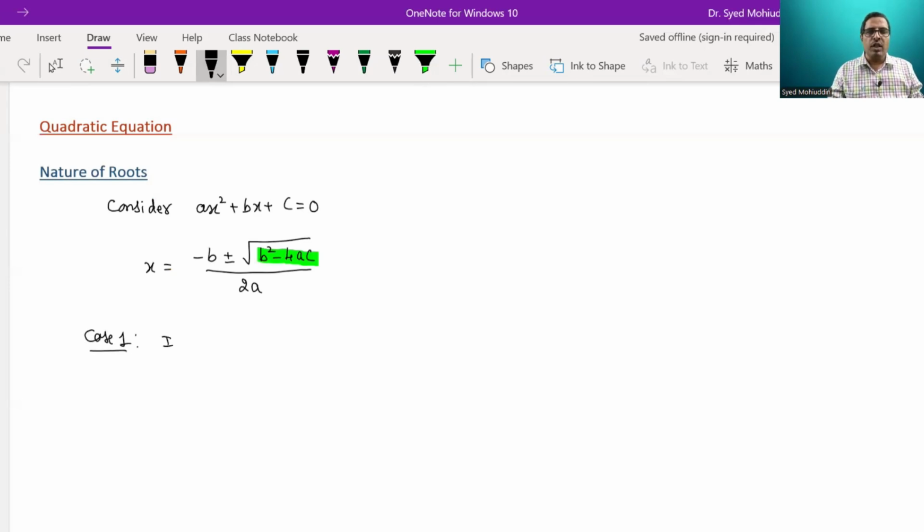If the value of b square minus 4ac is greater than 0, that means b square minus 4ac is a positive value. We know that the square root of a positive value will always be a positive value itself. Therefore, the square root of b square minus 4ac will be a positive value.